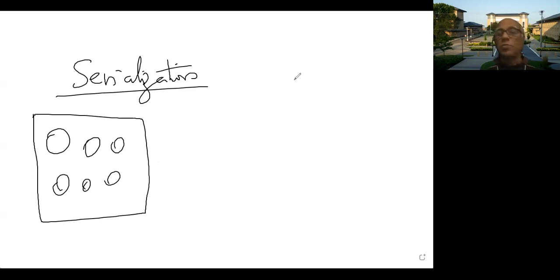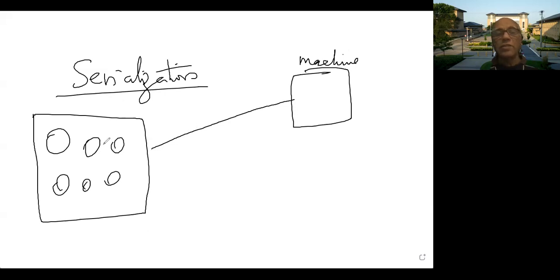So maybe there is a machine outside, far away, and you want to send all these objects to the other machine. And so there is a communication path, a line, and all these objects have to be shipped. And you know that they have to go as a sequence of bits, obviously, right? You have to ship all these objects as a sequence of bits.